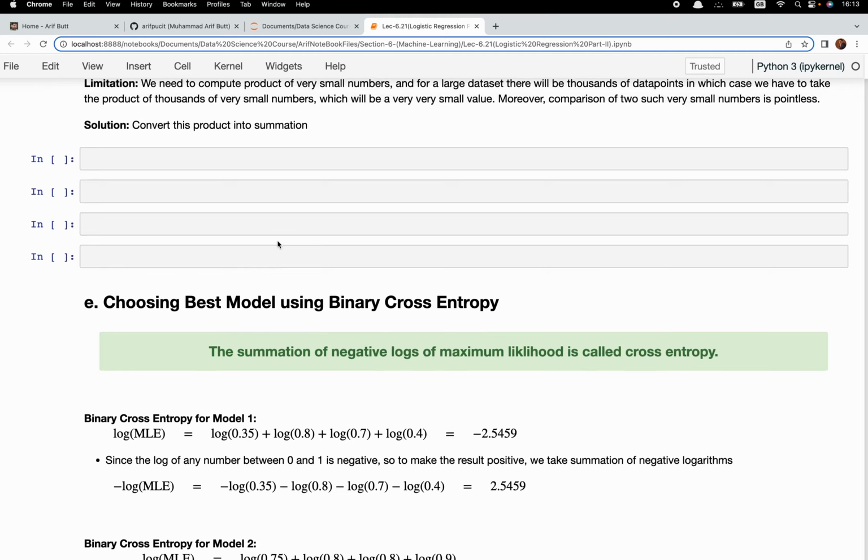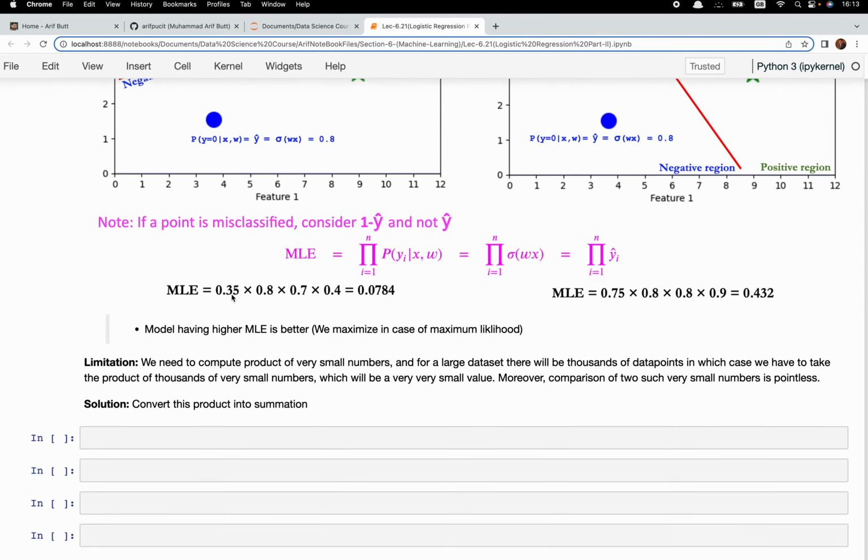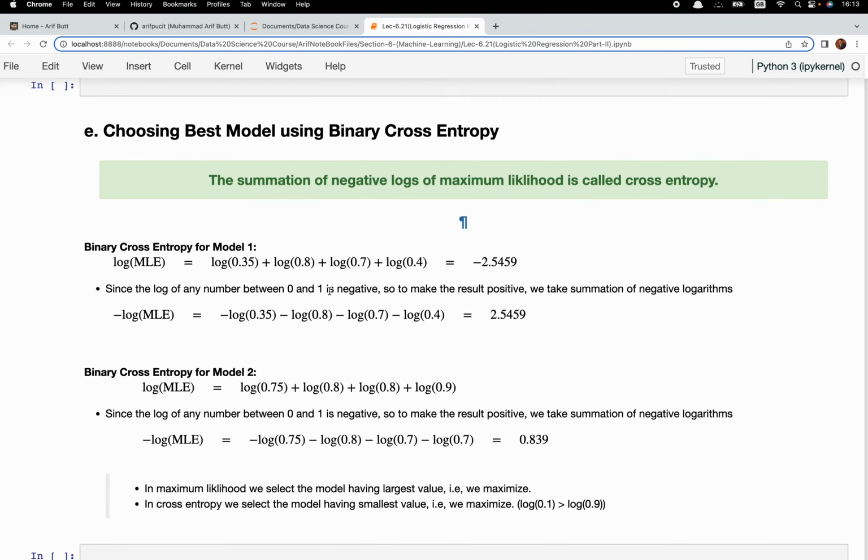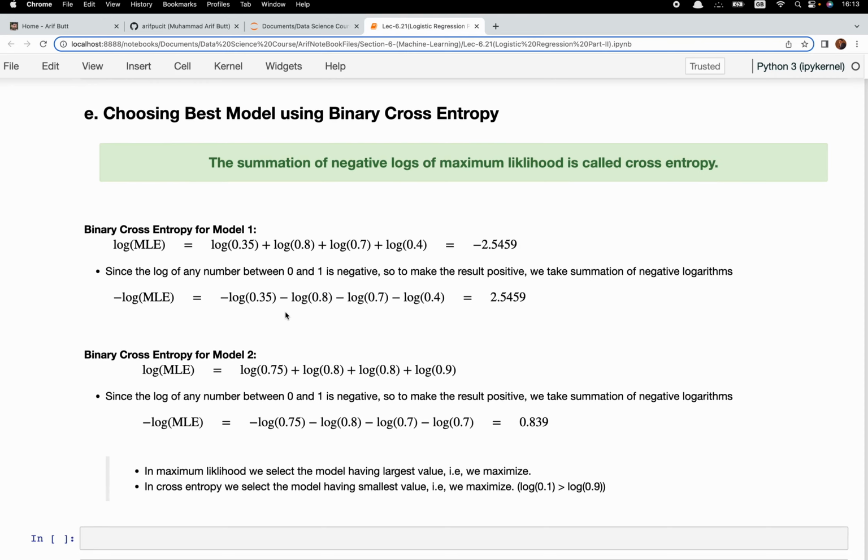These are just the same values for model 1. We have just taken the log. Since the log of any number between 0 and 1 is negative, to make the result positive, we take the summation of negative logarithms. So I have put a negative sign with each log, and finally I have arrived at a positive value, that is 2.545.